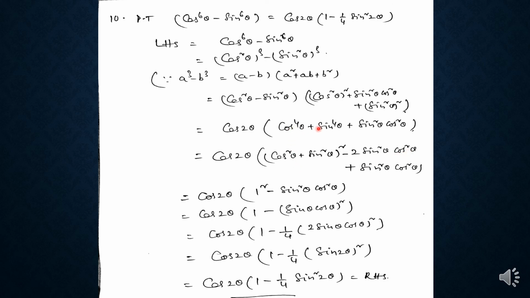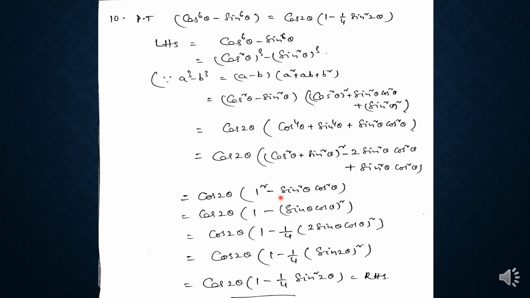A square plus b square can be written as a plus b whole square minus 2ab, where a is equal to cos square theta and b is equal to sin square theta, plus sin square theta cos square theta. That can be written as cos 2 theta into, what is cos square theta plus sin square theta? This value is equal to 1.